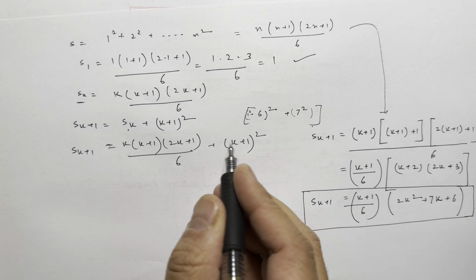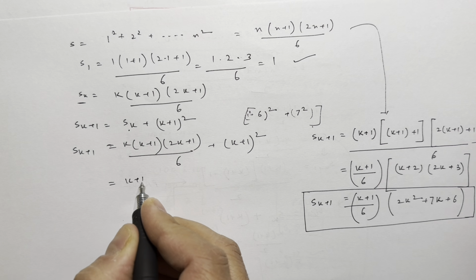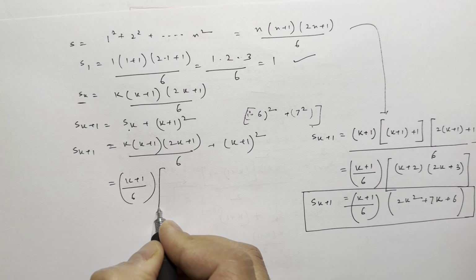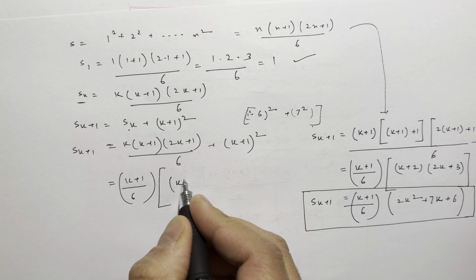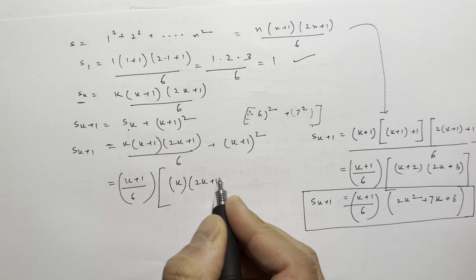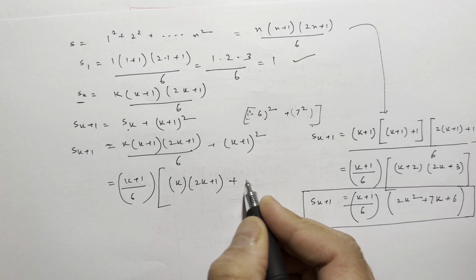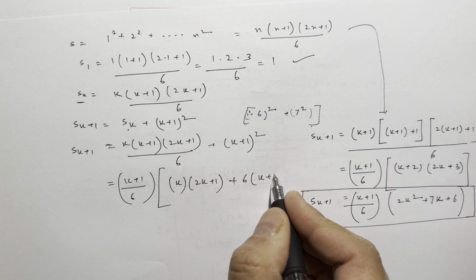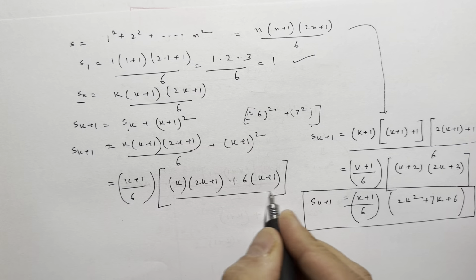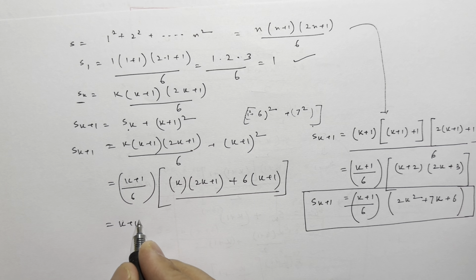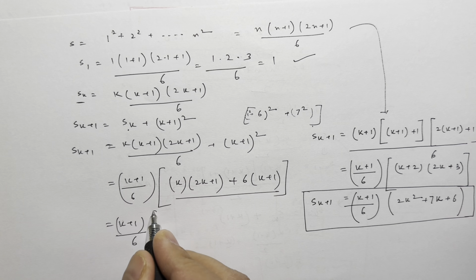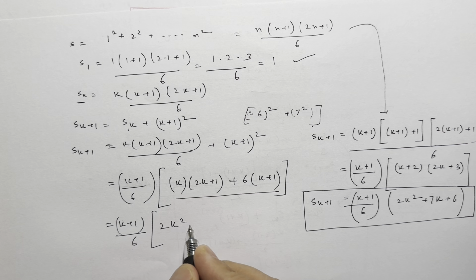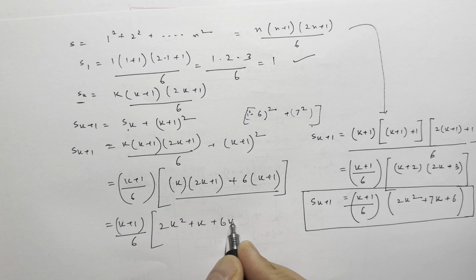So we can easily simplify this. k+1 outside, over 6. So we have k into (2k+1) plus 6 into (k+1). Let's simplify this expression. (k+1)/6. We have 2k squared plus k plus 6k plus 6.